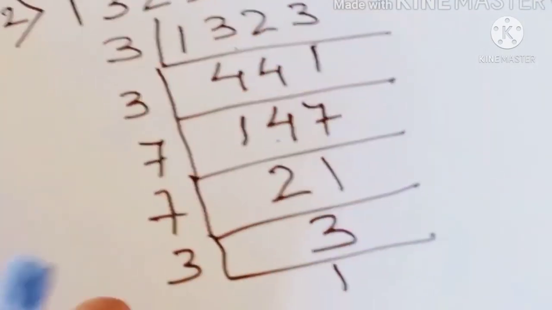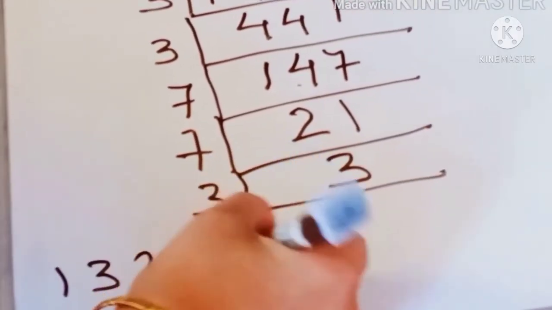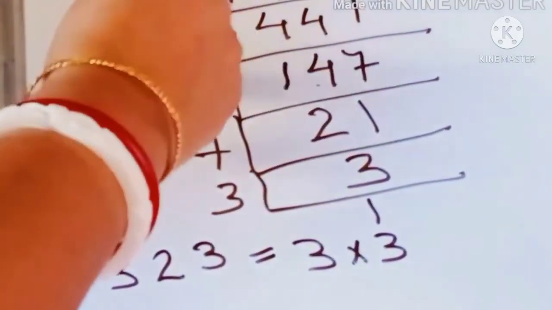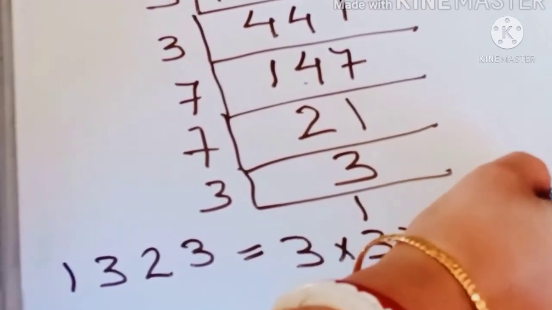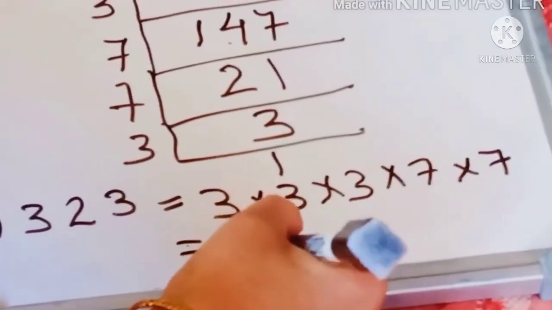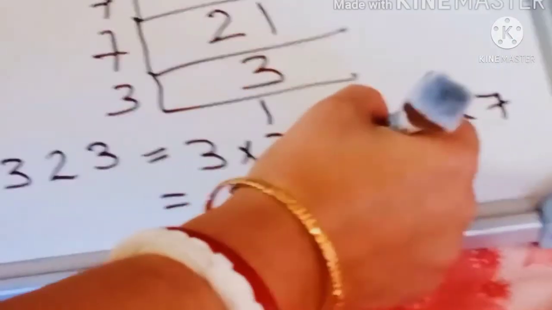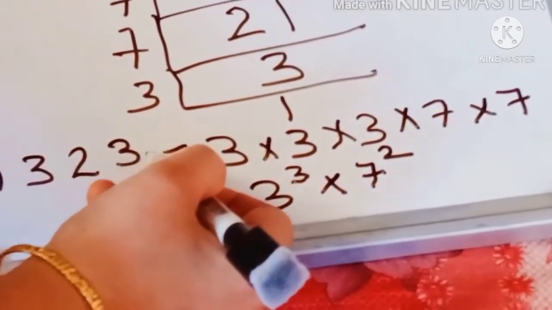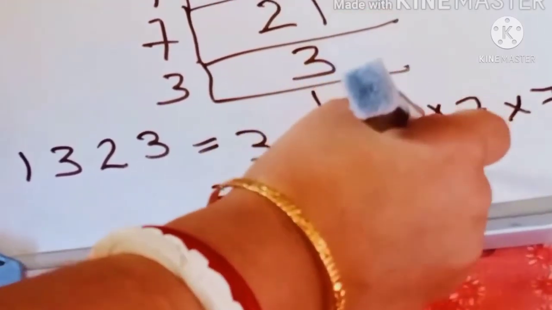So what is the prime factorization of 1323? 1323 can be written as 3 into 3 into 3 into 7 into 7, or it can also be written as 3 to the power 3 into 7 to the power 2. So the prime factorization of 1323 is 3 to the power 3 into 7 to the power 2.